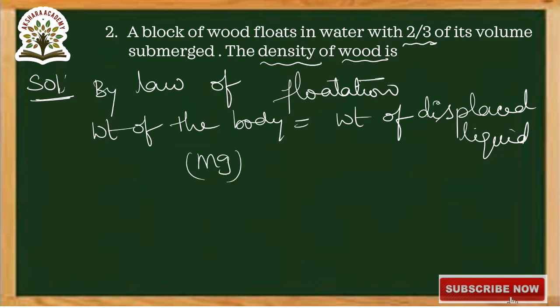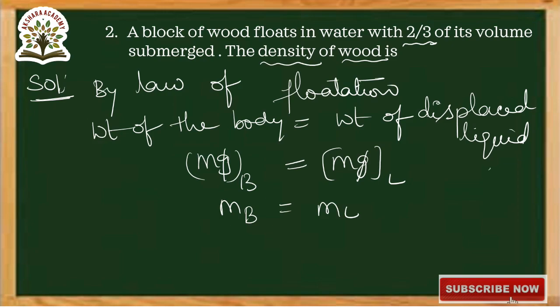Mg of b, where b is the body, and mg of L, where L is the liquid. Here g cancels, and we get mb equals ml. Density rho equals mass per unit volume, so mass equals volume into rho.